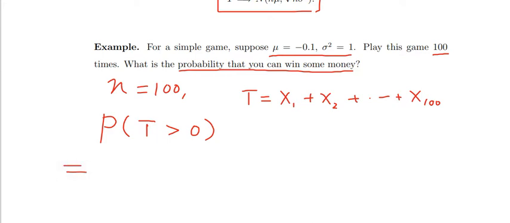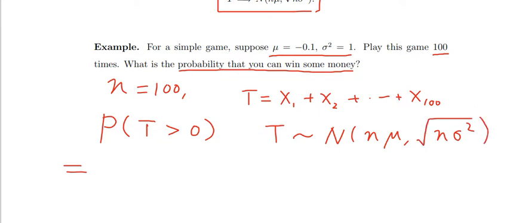So for this problem, at first we need to know what the distribution for this T is. We know T follows a normal distribution with mean n mu and standard deviation the square root of n sigma square, right?